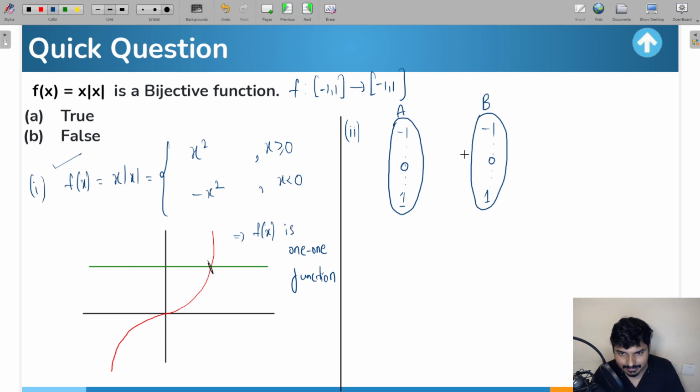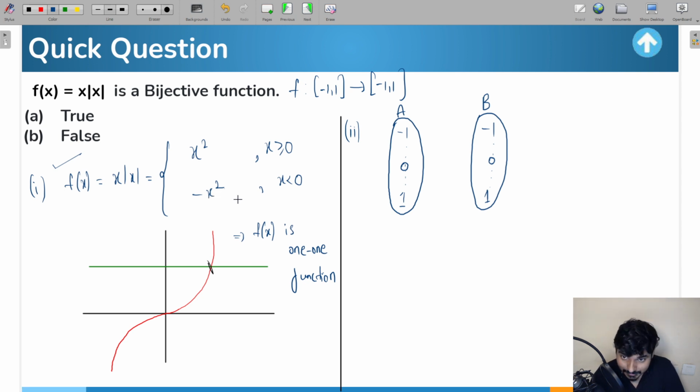So I can say that if you take any value between 0 to 1, the image you get is also going to lie between 0 to 1 only. And if you take any value between -1 to 0, the images are also going to lie between -1 to 0 because for x less than 0, you have to go with minus x square.